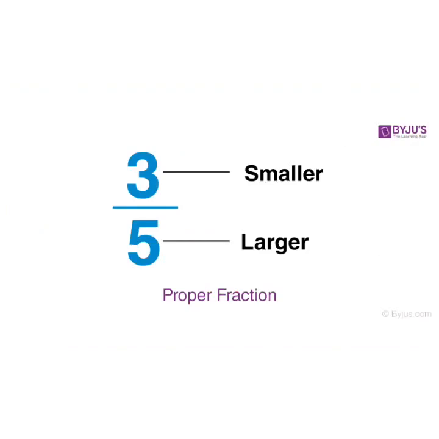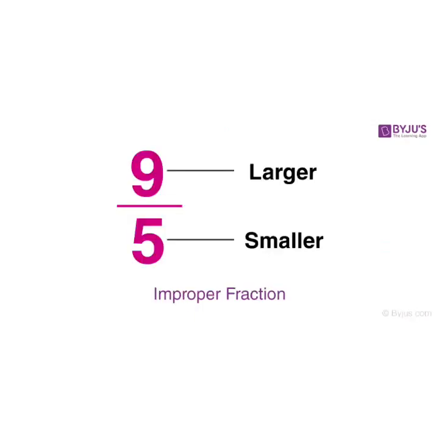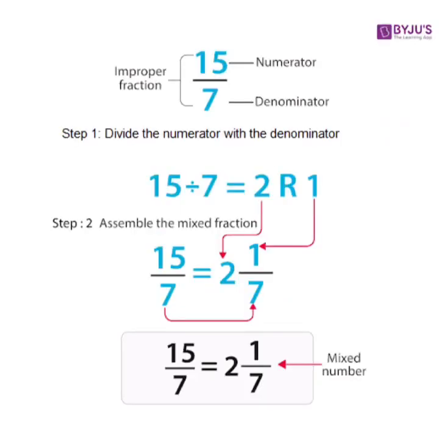Children, in this proper fraction you can see that the numerator 3 is smaller than the denominator 5. Children, in this improper fraction you can see the numerator 9 is greater than the denominator 5. Now see the mixed fraction. Here the improper fraction is first converted into a mixed fraction.